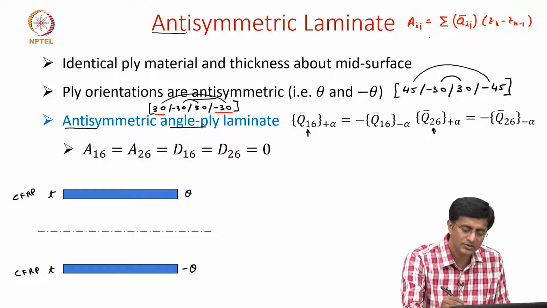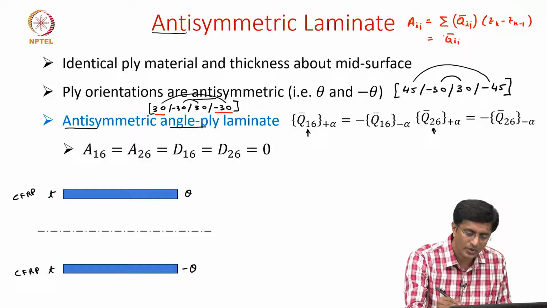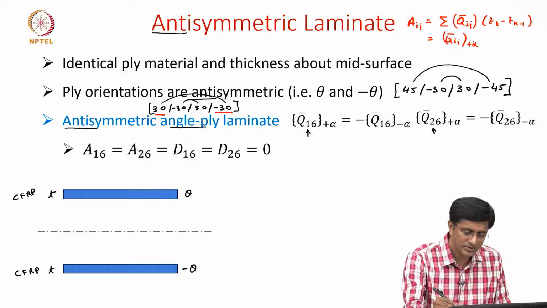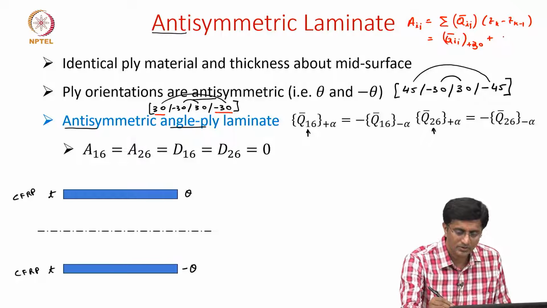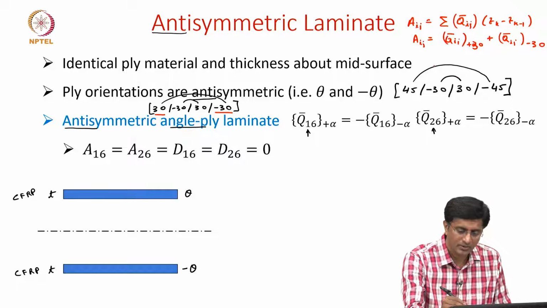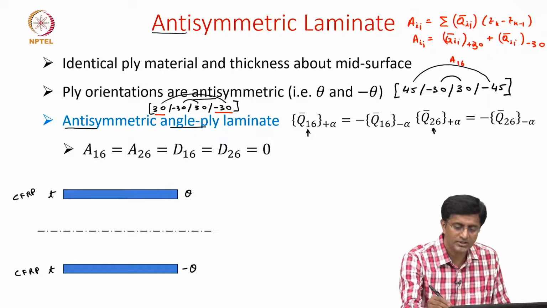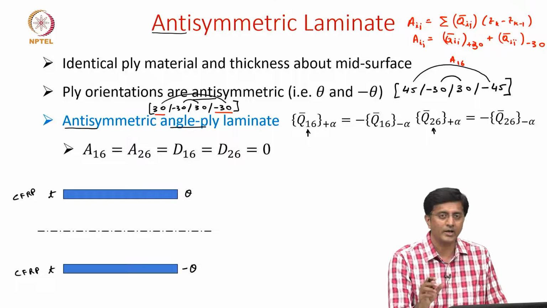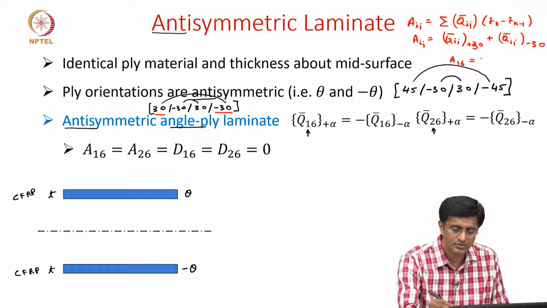In the Q terms, we write Qij for plus alpha, in this case plus 30, and add it to Qij of minus 30. This is for Aij. But if we focus only on A16, we notice that these two values are equal and opposite, meaning they go to 0.